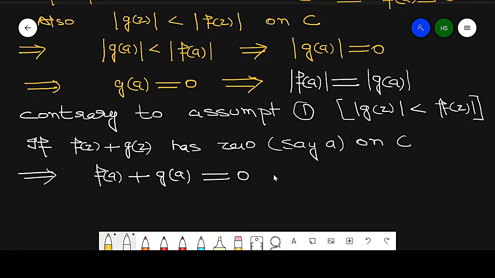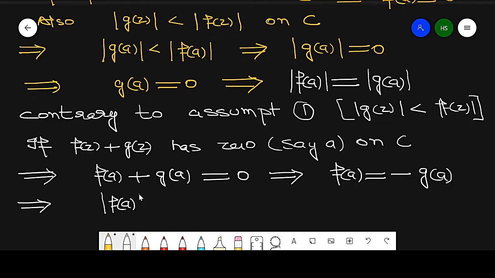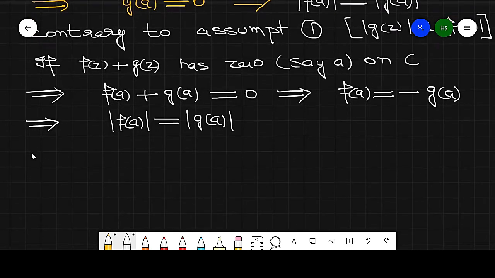So we get f(a) equal to minus g(a). So again we get modulus of f(a) equal to modulus of g(a). Again, this is a contradiction.